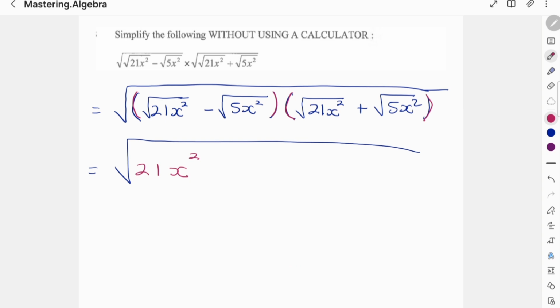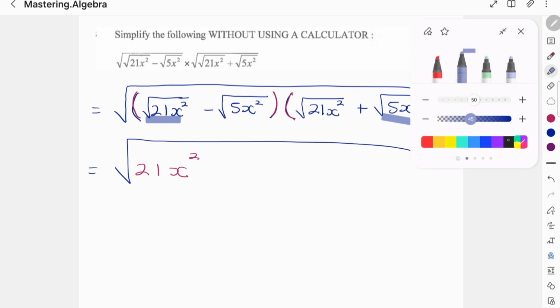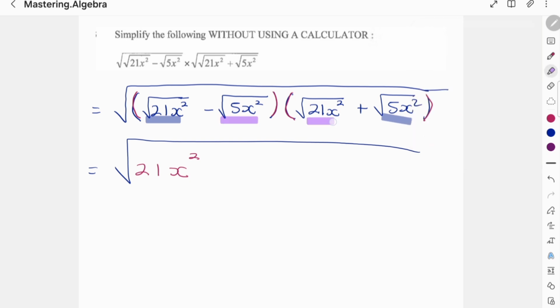And then look at this. I'm going to multiply this and this, and then I'm going to multiply this and this. So the middle term will basically cancel out, right? Okay, let me show you. So I would say this times this.